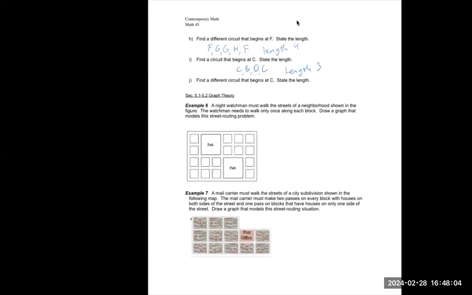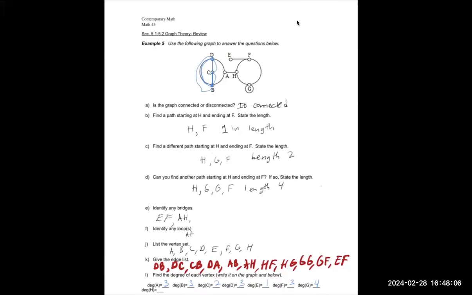And then it says find a different circuit that begins at C. So you could go this way. D, A, B. Oh, no, I'm sorry, you have to start at C. But I meant go that direction.